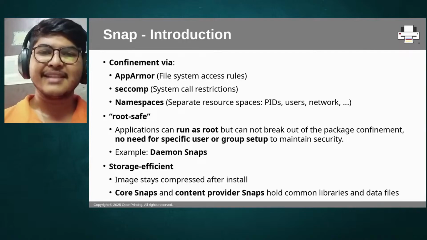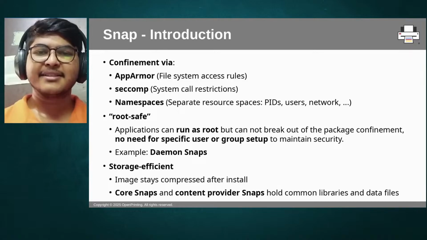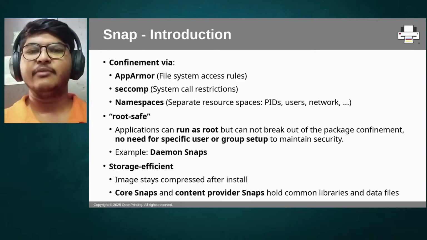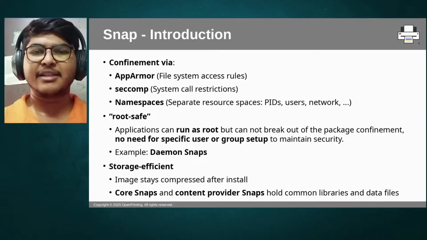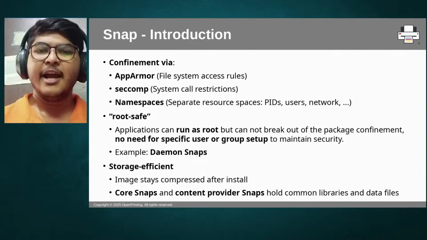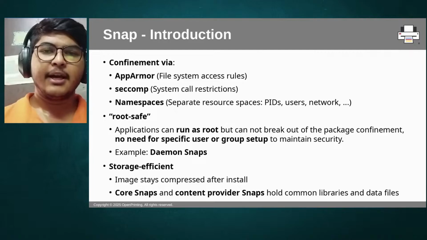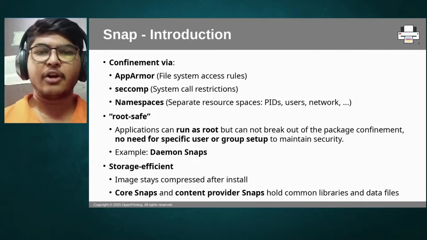These are basically snaps that just have the libraries, and these snaps provide slots to connect. And when connected, these content snaps are mounted within those application snaps that are trying to consume them. And these libraries then can be shared between n number of snaps. And that's how one can easily create a shared library for any library or any binary.